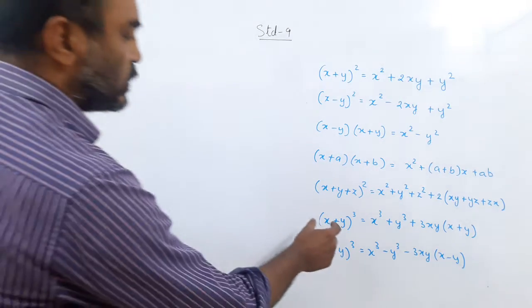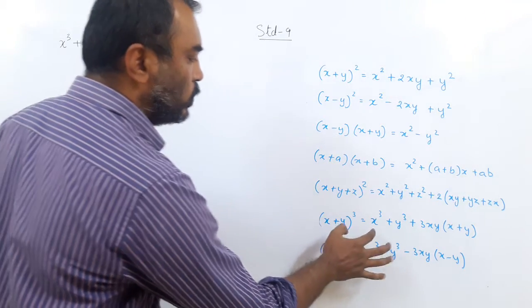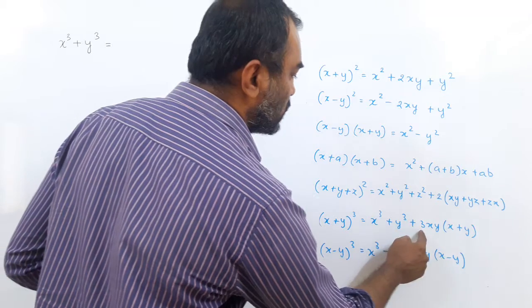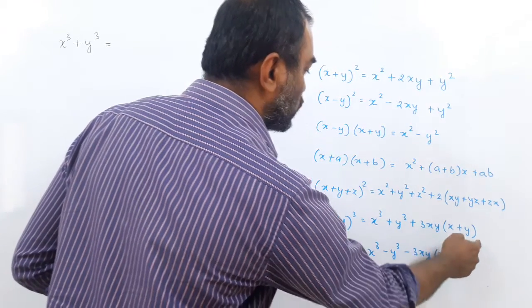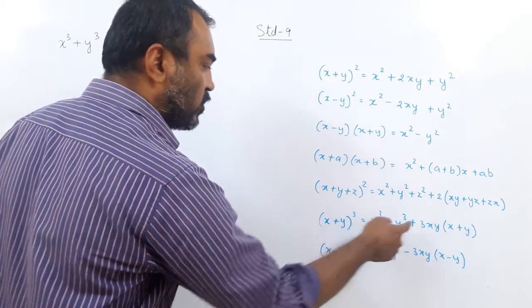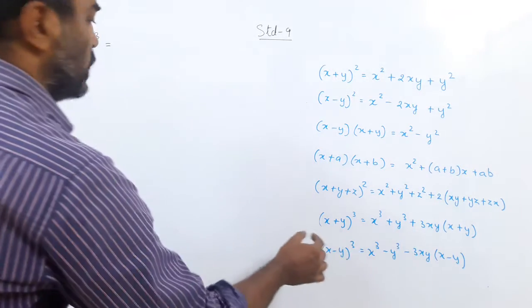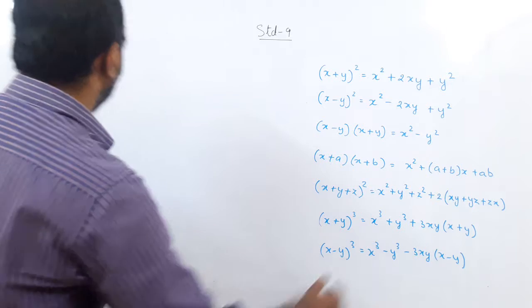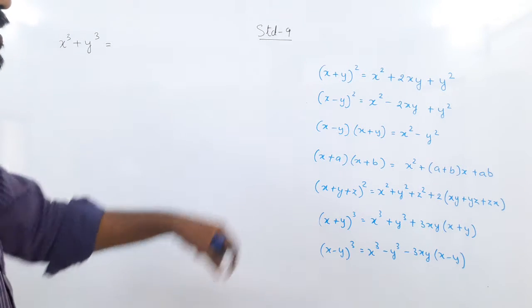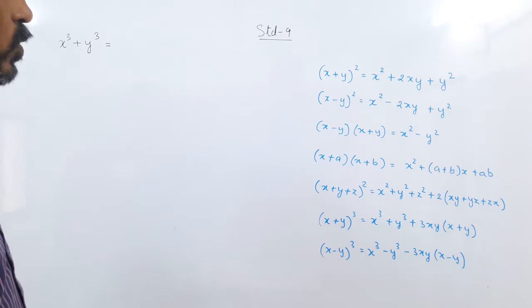This is the expansion: (x plus y) the whole cube gives me x cube plus y cube plus 3x square y plus 3xy square. So this expansion factorizes to this. But suppose my polynomial is only this much, x cube plus y cube, that's it. Then how do I factorize this? I am going to make use of the formula directly.